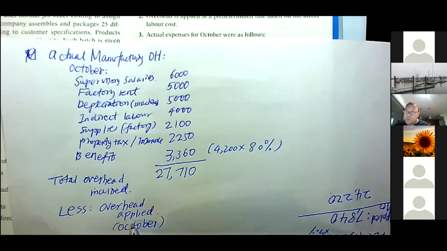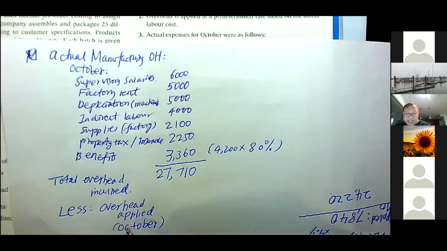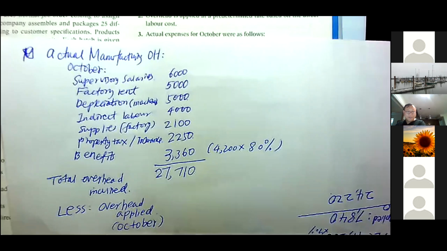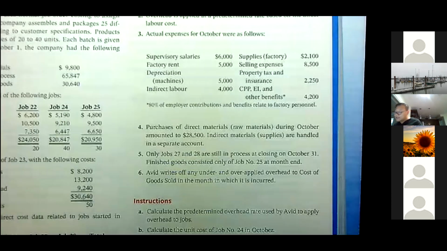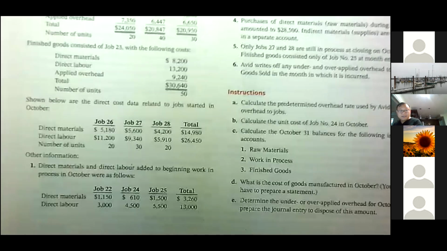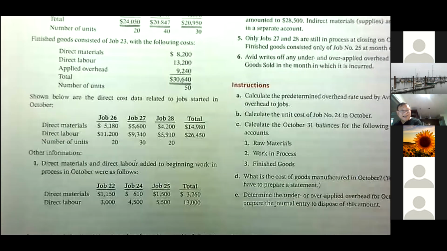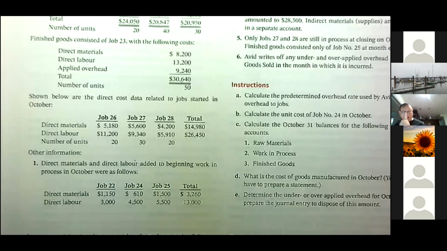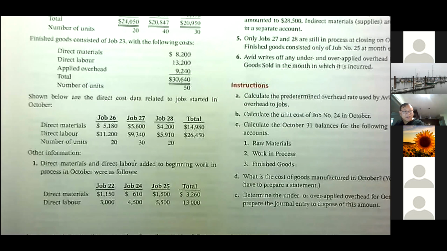We need to know the total direct labor for October, times 70%, right? Does that make sense? Yes. For all jobs, right? So now let's figure it out, only October. We are talking about October. So the labor in October.